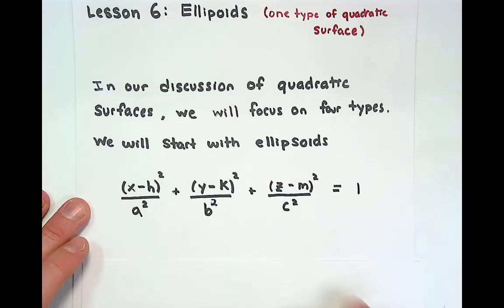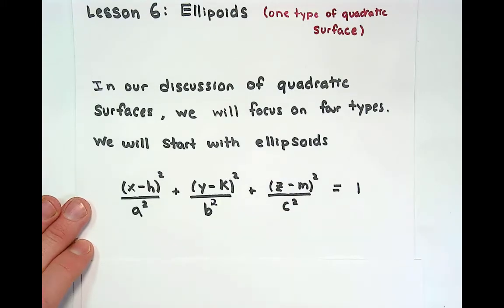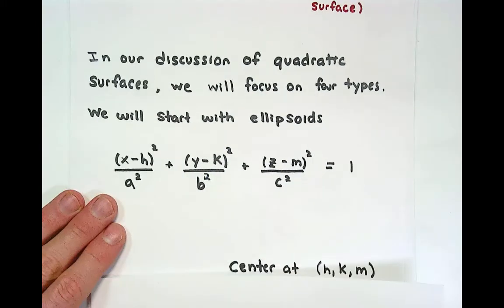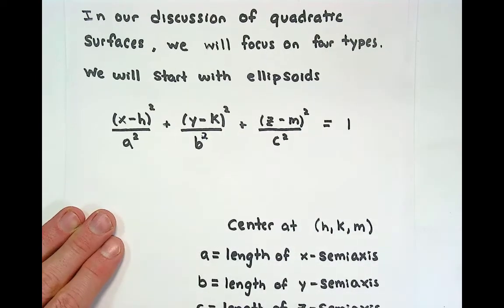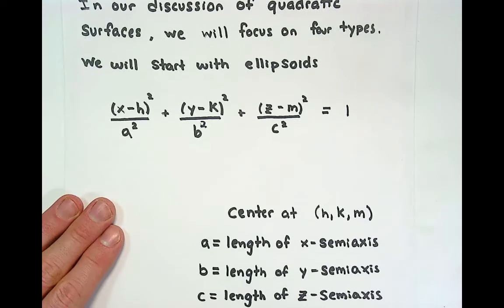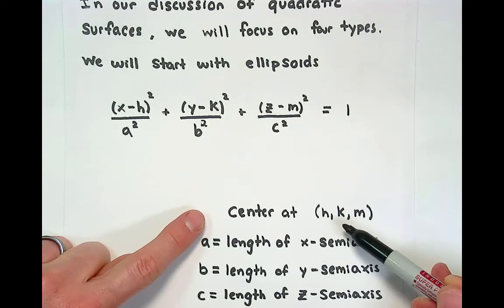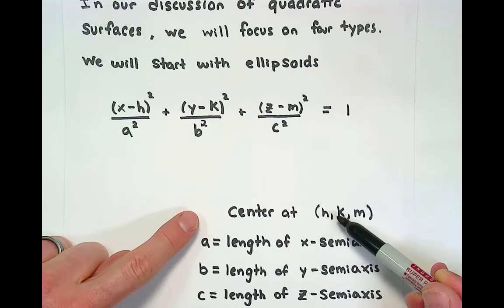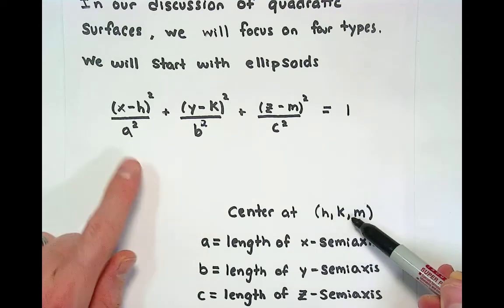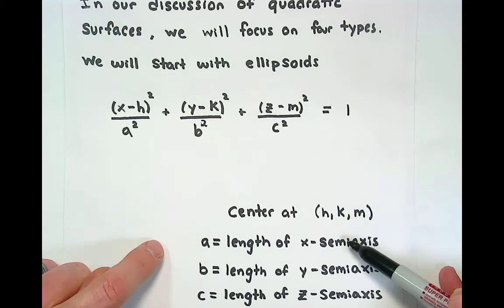And notice this is very similar to the equation for ellipses in R2, except that we have a new component. When we look at this equation, we have a few really important parameters here. We say that this equation gives an ellipsoid centered at the point in R3, h, k, m, which are inside the squares in the numerators of these fractions.